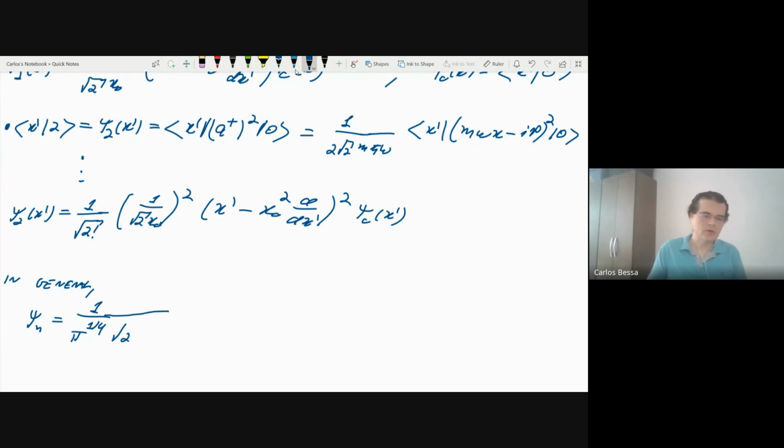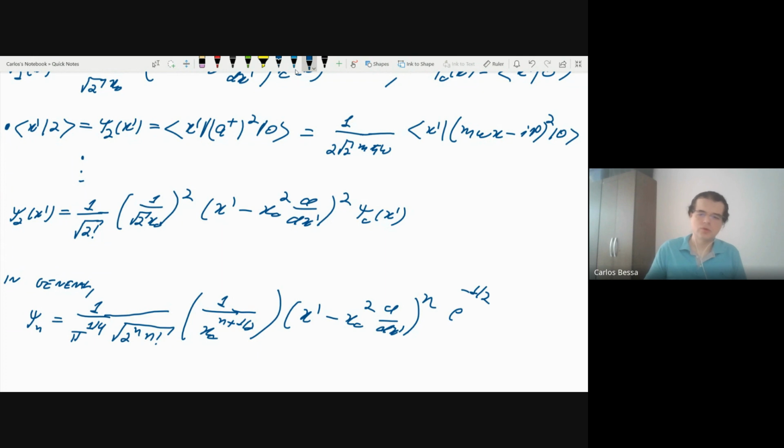That's okay. 2 to the n n factorial, 1 over x 0 to the n plus 1/2, x prime minus x 0 squared d/dx prime to the n, exponential, that's the psi 0, exponential of minus 1/2 x prime over x 0 squared.